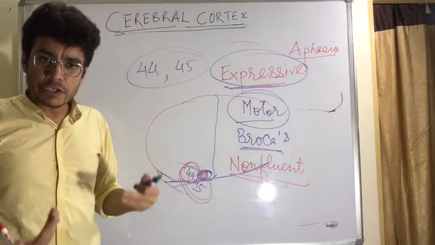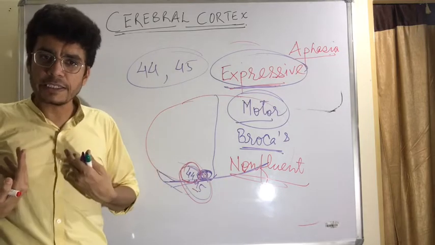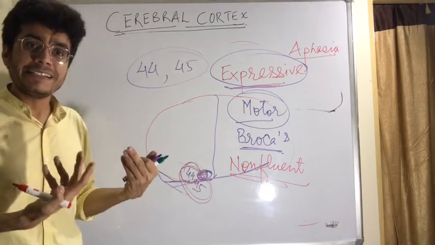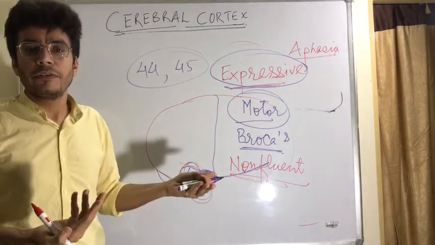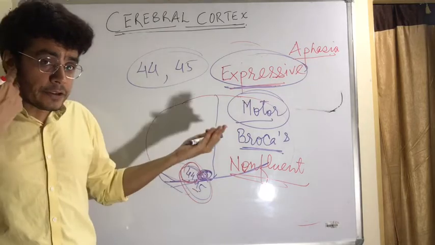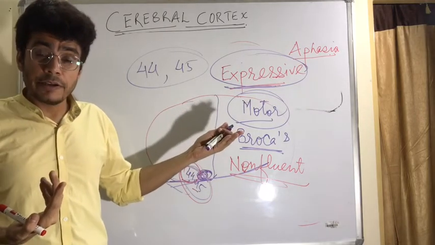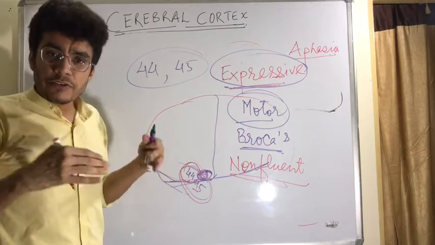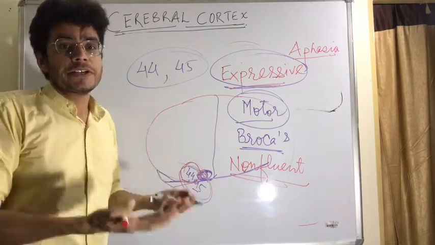That student knows what I am asking. He understands the question, he knows the answer, but he is not able to express himself either by verbalizing or by writing down. He won't be able to write down even the answer because he cannot express. So that makes him frustrated.